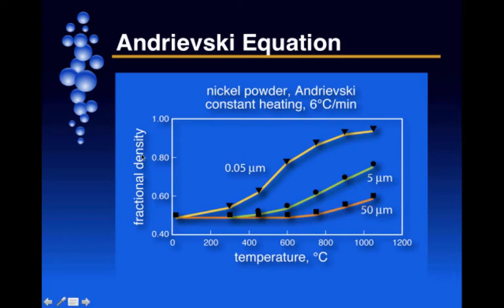Here's fractional density plotted as a function of temperature for nickel powder that's heated at 6 C per minute, for 3 different particle sizes. What are some things that you can see in this plot? For instance, at any given temperature, the smaller the particle size, the higher the fractional density that you can reach. Of course, if you heat the larger particles to a high enough temperature, you can get an equivalent density from 5 micron as from 0.05 micron.